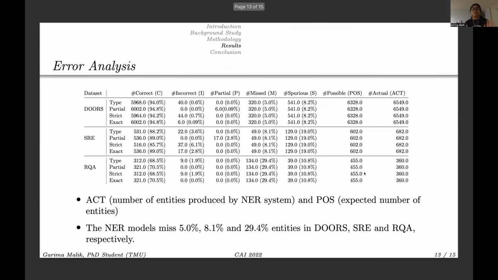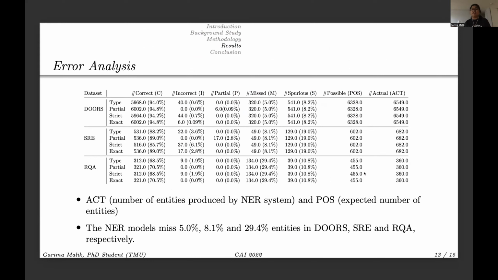The error analysis suggests that NER models on these datasets miss 5%, 8%, and 29% of entities in these datasets respectively. This missing percentage explains the data shortage, or maybe the data distribution.